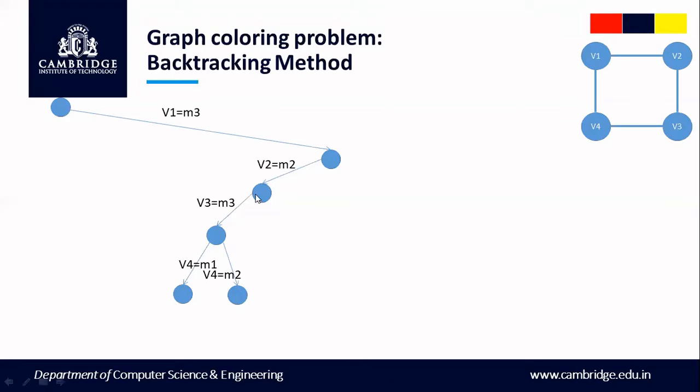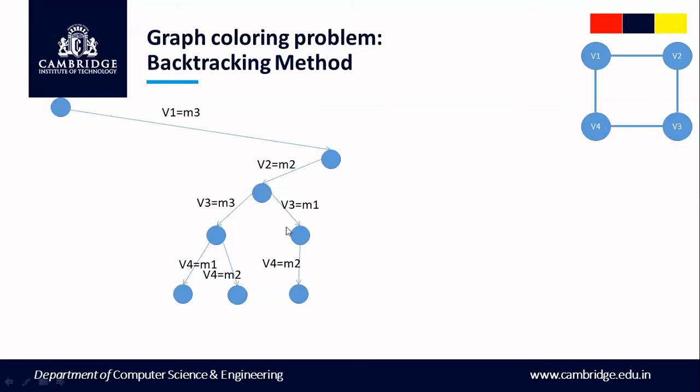Same way, if we explore the other option of V3, V3 can also be assigned M1. When we assign M1, then V4 should have only one value, because V1 is M3, V3 is M1, V4 is M2.